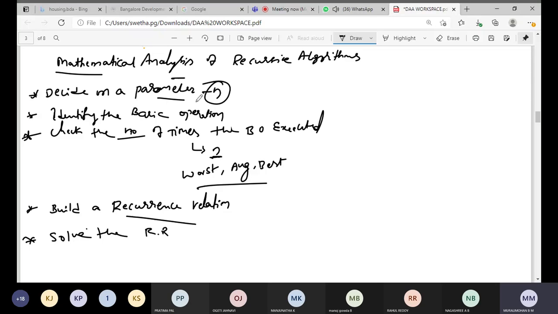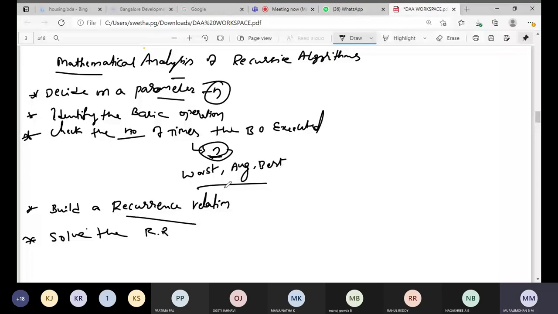Next, identify the basic operation. Once we identify the basic operation, we'll check the number of times the basic operation is executed. If the number of times this is executed depends on n, then we should calculate the worst, average, and best cases separately.